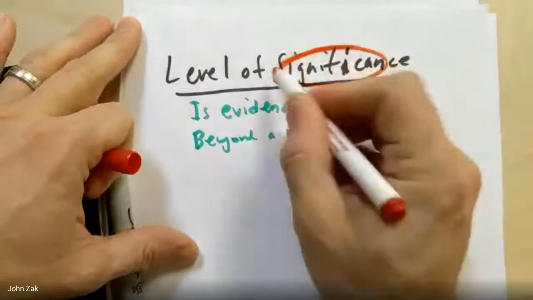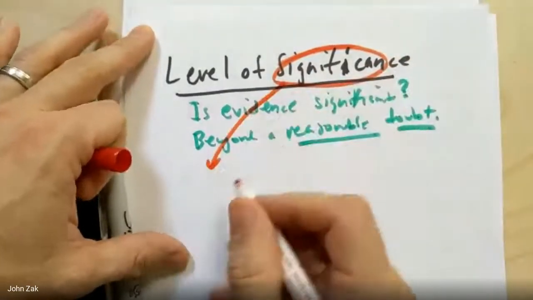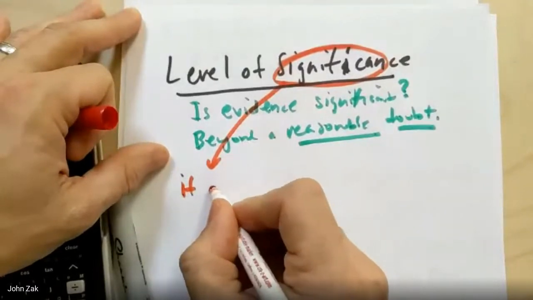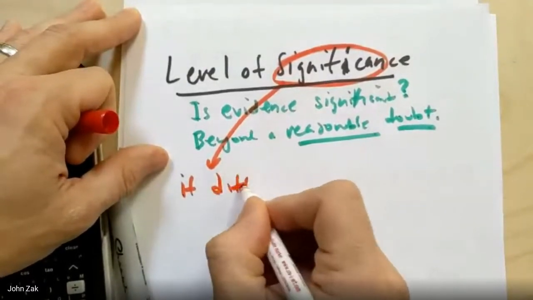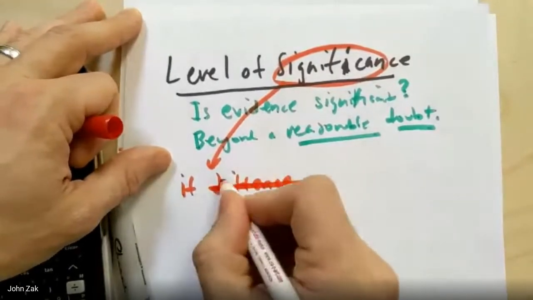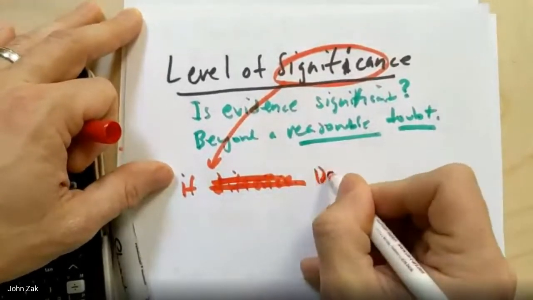Back when we were talking about significance, we said a result is significant if the difference, or if an effect differ. Oh my gosh, I can't even write. All right, all caps.